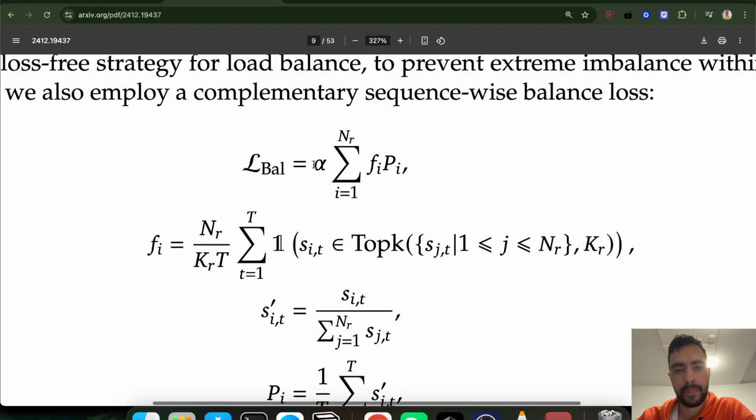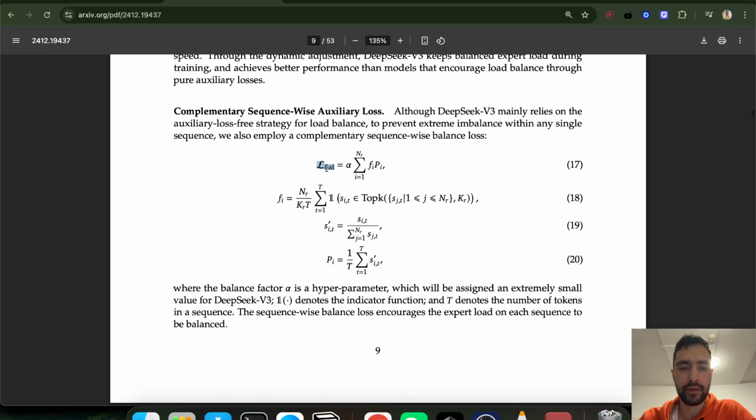So I guess since we are multiplying these two things and then adding them for each of the routed experts, if we ignore this alpha for now, that means the more some experts are selected too much, the higher this value will be. This has quadratic scaling, I think. So the higher this value is, the worse it is. But I'm not sure, they didn't explain what they do with this then.